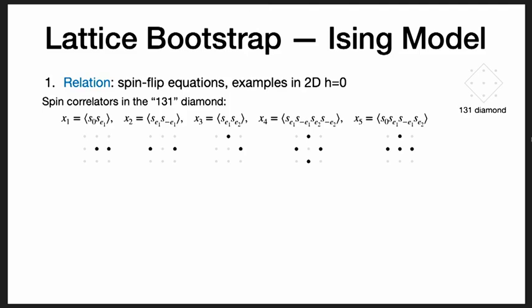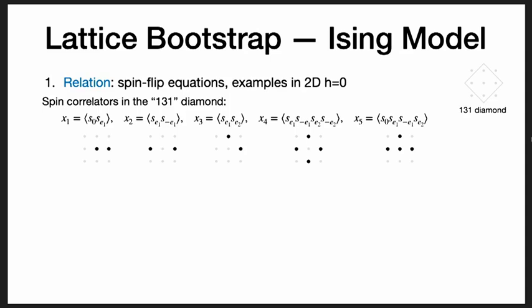For example, we can have 2 adjacent spins here, or the one separated by 1 empty site, or this diagonal one, or these 2 guys with 4 spin insertions. And within this diamond, that's all there is. For simplicity, I'm assuming that the ones with an odd number of spin sites are just 0. I'm assuming that I'm in the phase where those are 0, just to show it in just one slide. So these are only 5 variables within this small region.